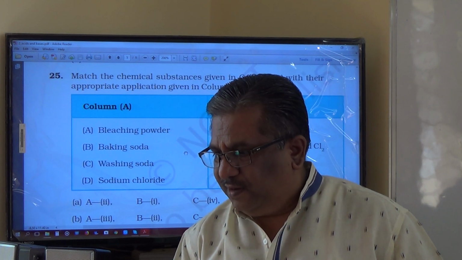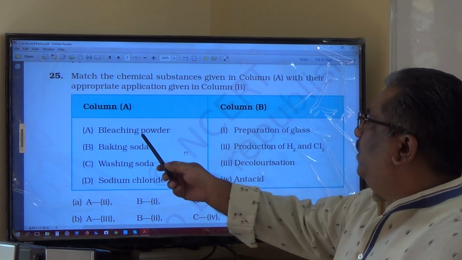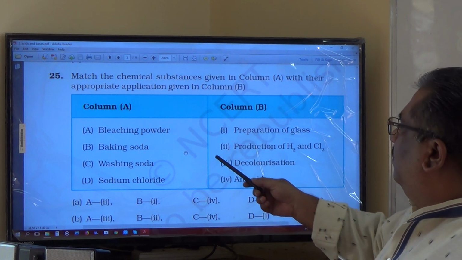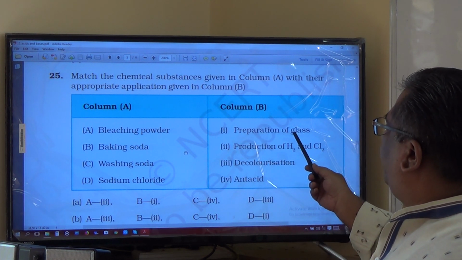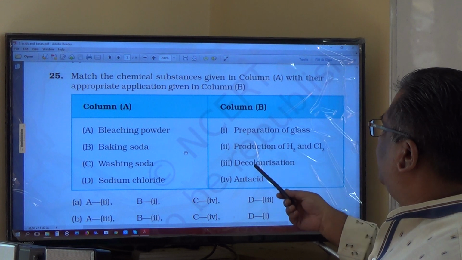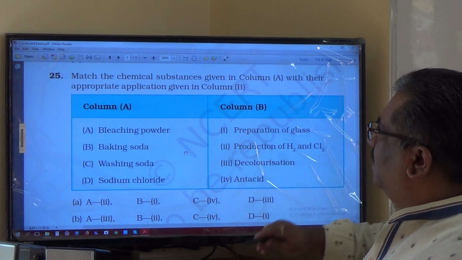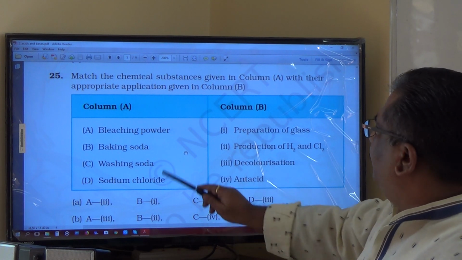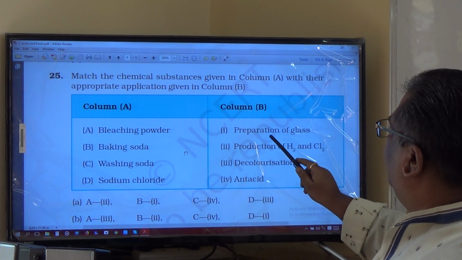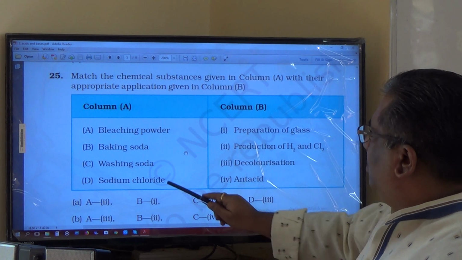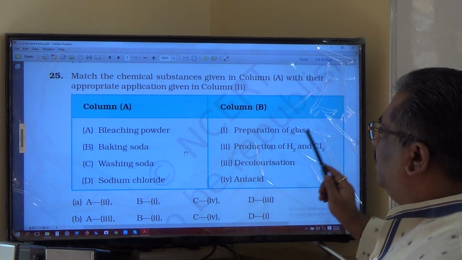Match the following here. Bleaching powder, preparation of the glasses, production of H2 and Cl2, decolorization, antacid. Okay, bleaching powder, decolorization, baking soda, antacid, washing soda, preparation of glass, sodium chloride, production of H2 and Cl2. These are the answers.